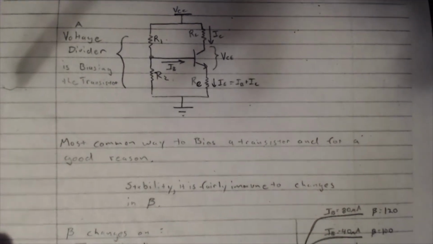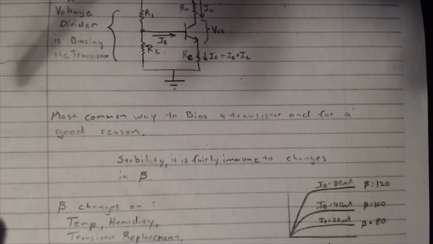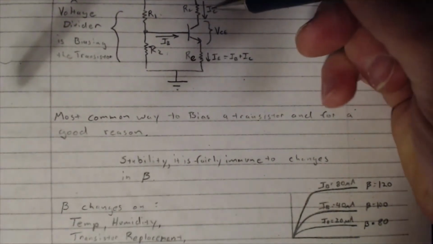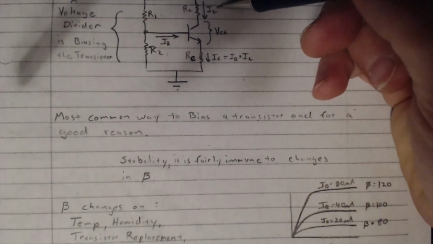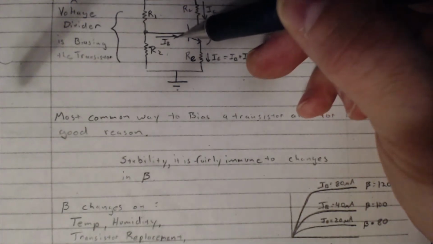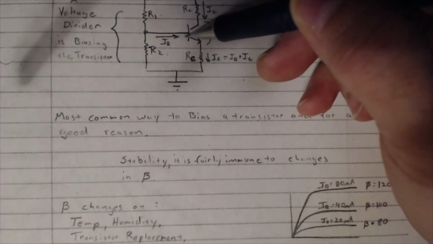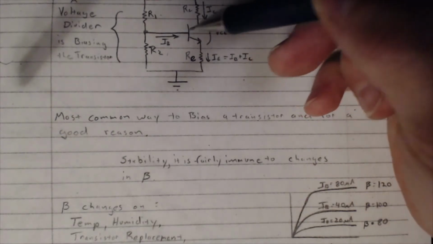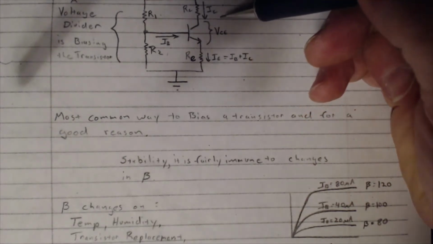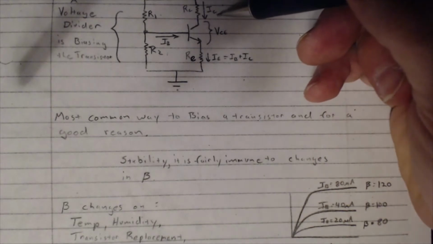So if you remember, the collector current is proportional to the amount of base current that we have entering the transistor via that term beta, the intrinsic current gain of that transistor. And of course you saw that with the linear model.